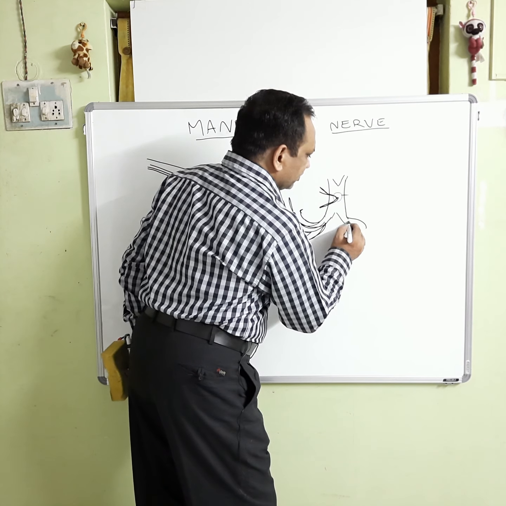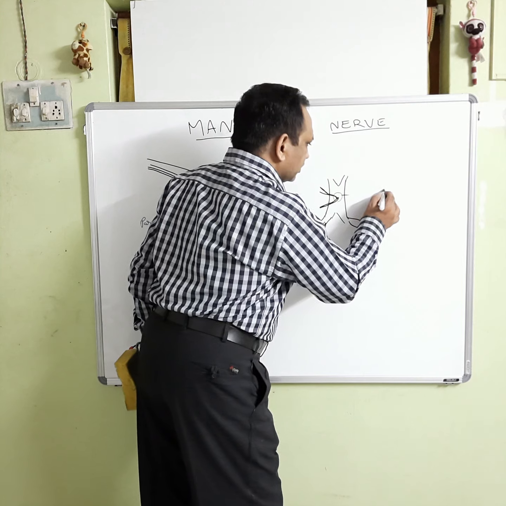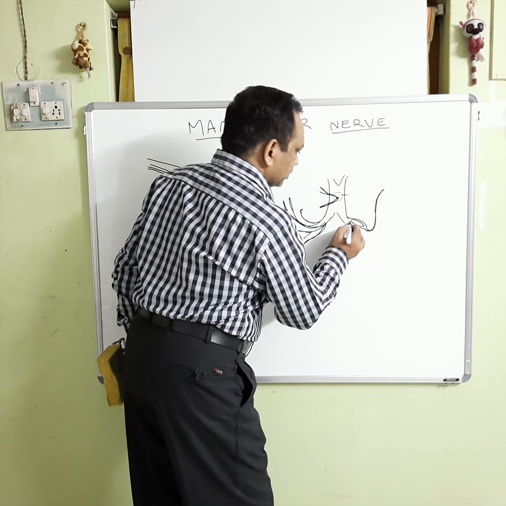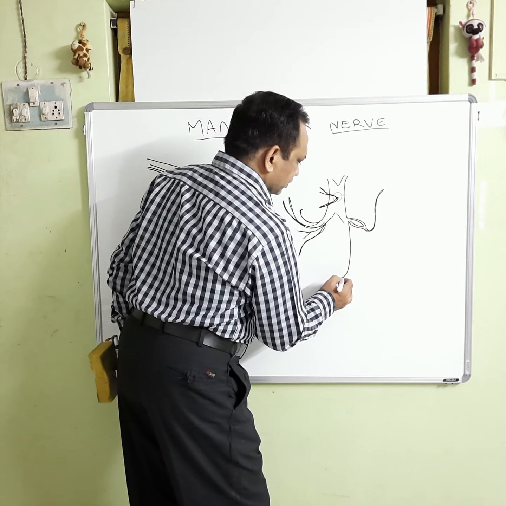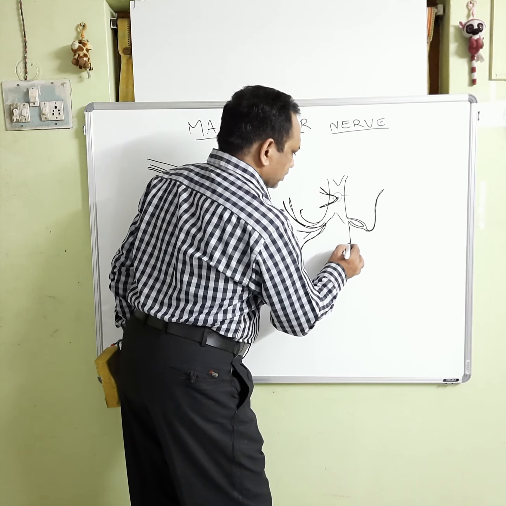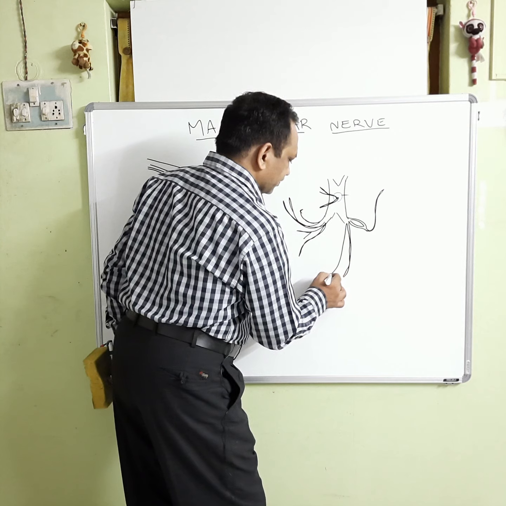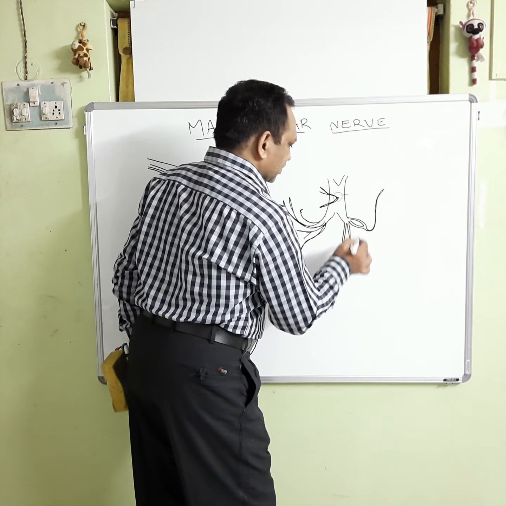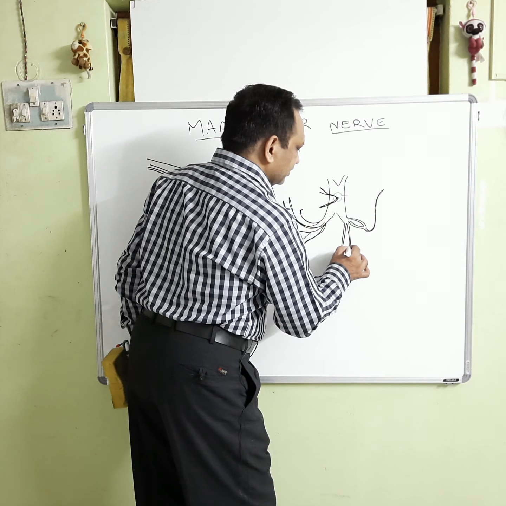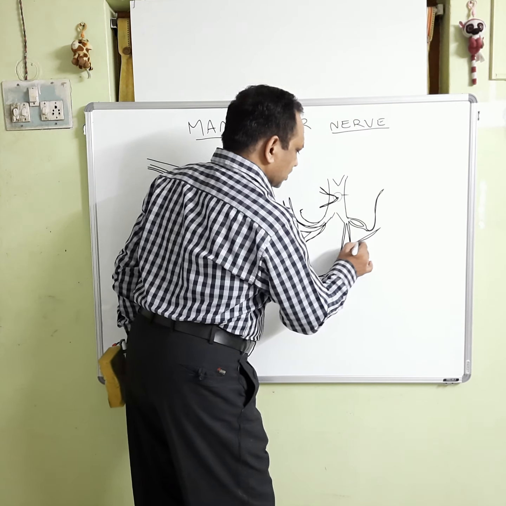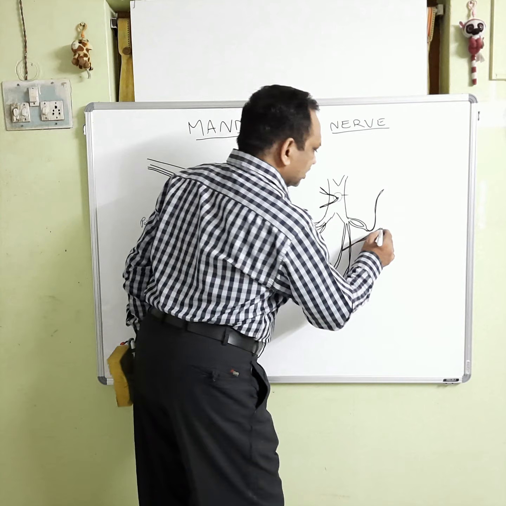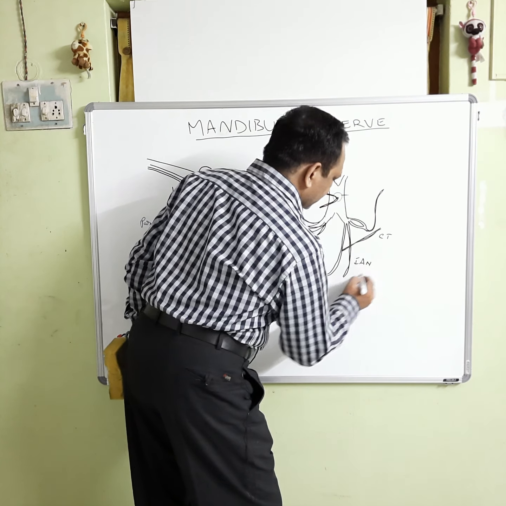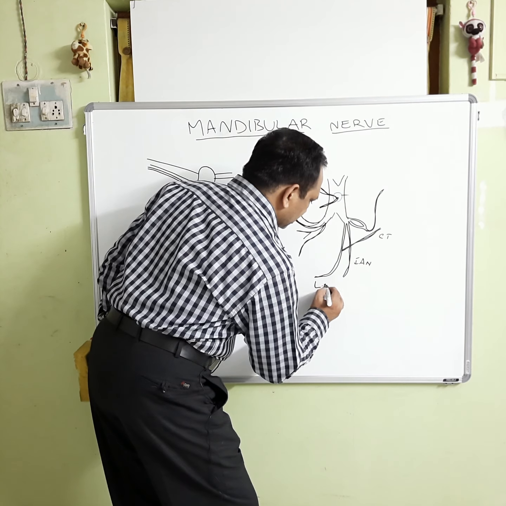This is the auriculotemporal nerve, inferior alveolar nerve and the lingual nerve. This is joined by the chorda tympani nerve.